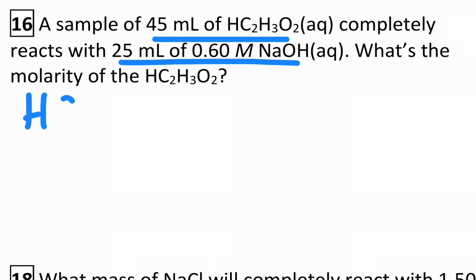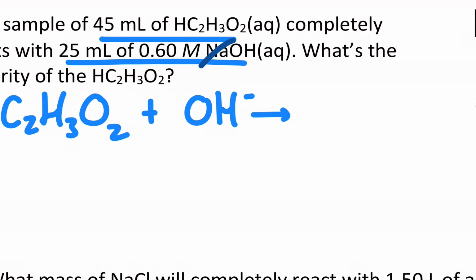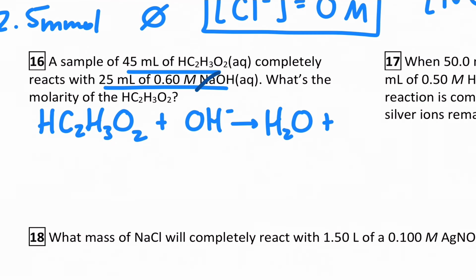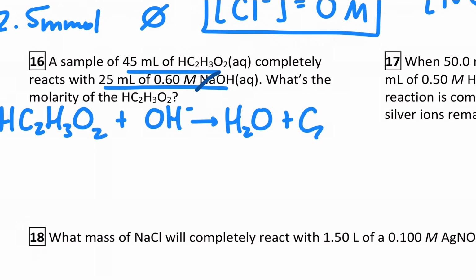This is an acid-base reaction, HC2H3O2, plus strong base, hydroxide, because of that spectating sodium, and that will simply make a water and an acetate ion, C2H3O2 minus.